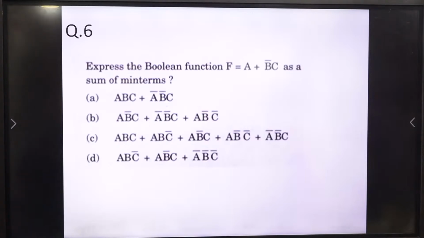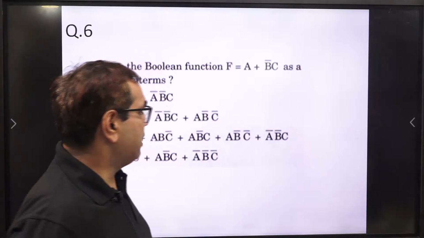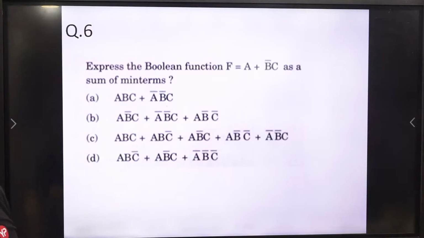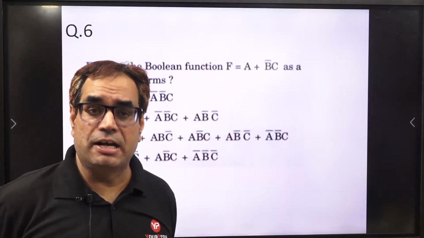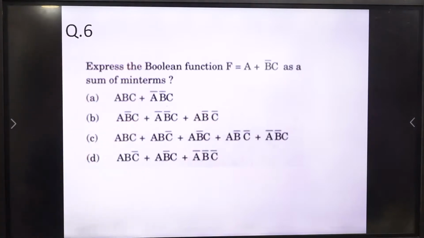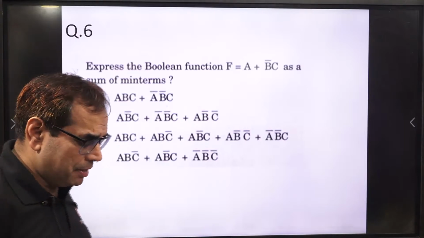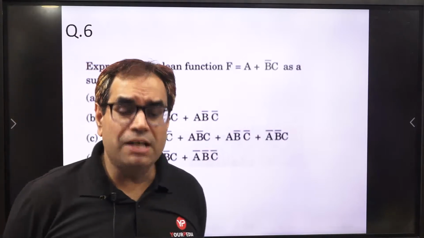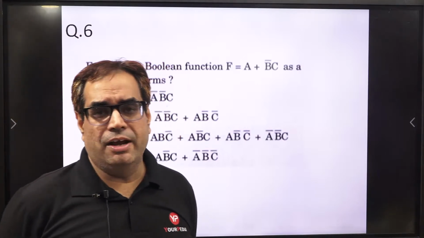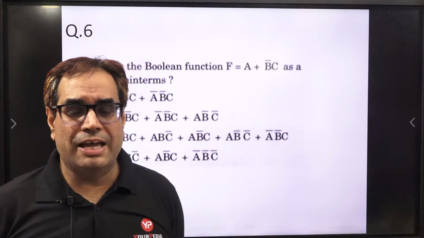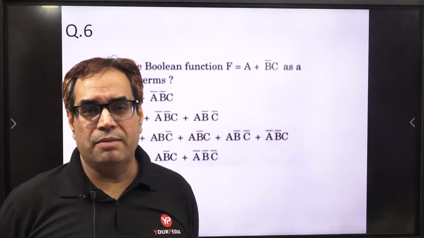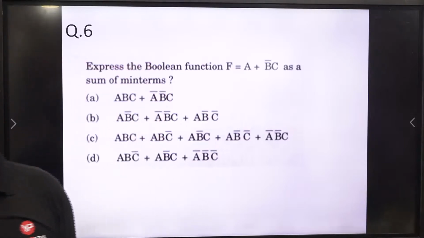Sum of minterms means canonical form. We have an SOP form a plus b bar c, and we have to convert that into canonical form or standard form. In standard form or canonical form, each product term is a minterm, and you know a minterm is a product term containing all the variables of the domain of the given Boolean function. That is called a minterm.